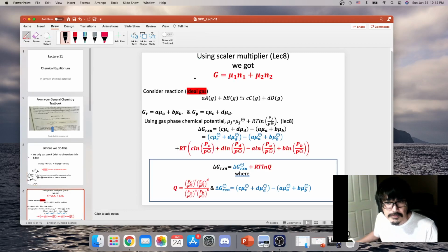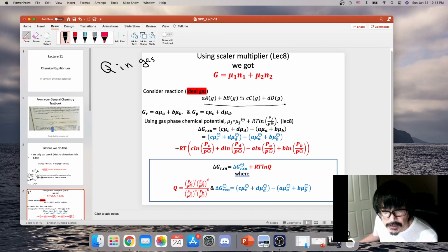Alright, so let's start out with the reaction quotient in the gas phase. So we are trying to look for the Q in the gas phase. Consider the reaction, this one right here. This is the reactant before the reaction, and this is the product, which is after the reaction.